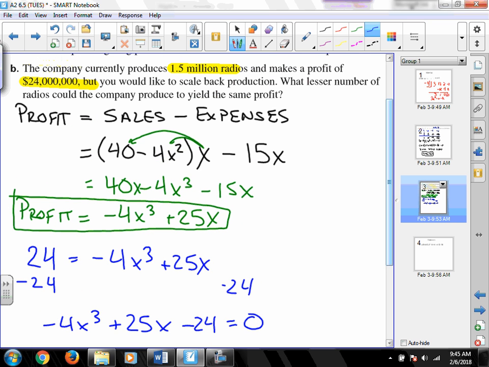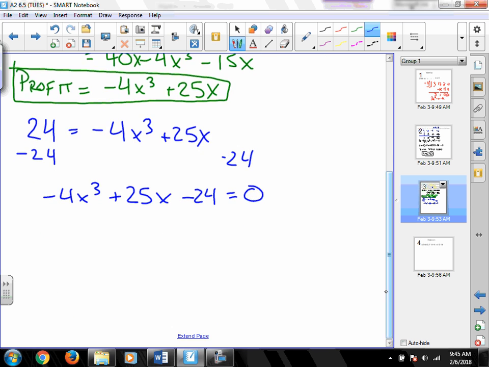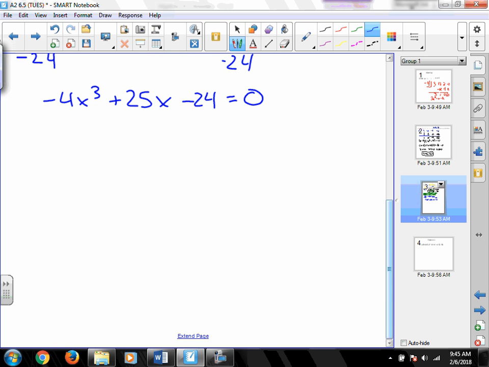And now, they tell us that we produce 1.5 million radios. This is going to be your K. Since that is our K value, 1.5 is going in the box.